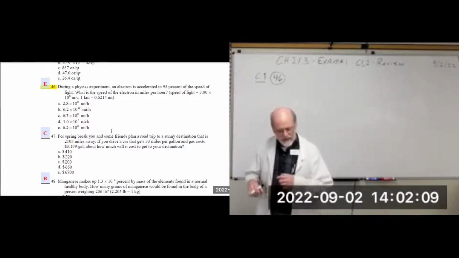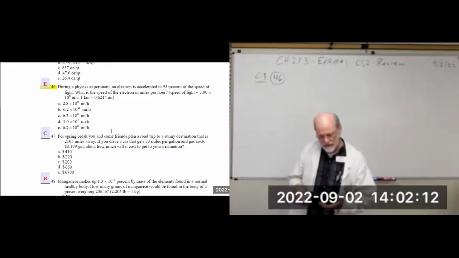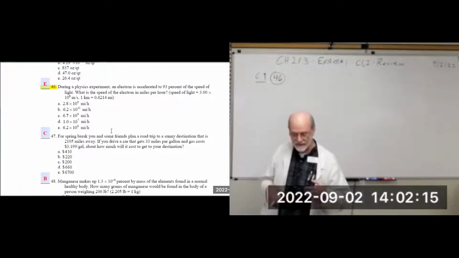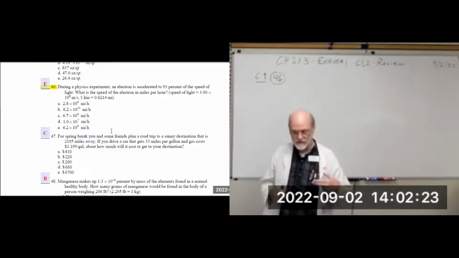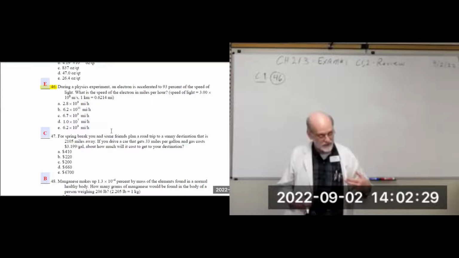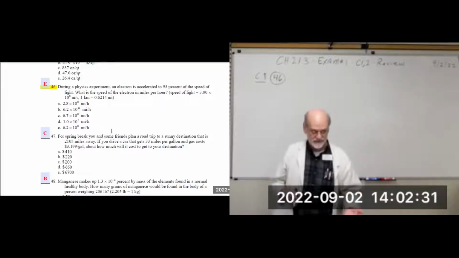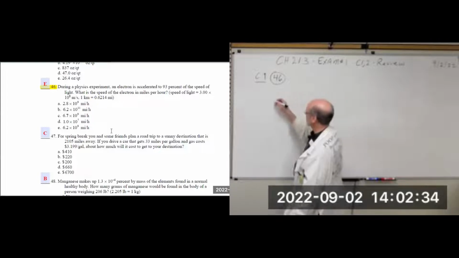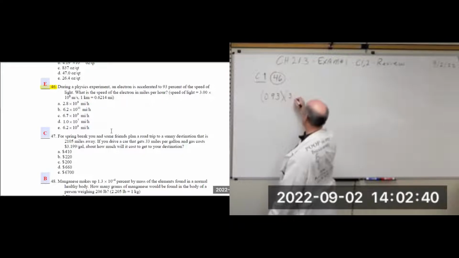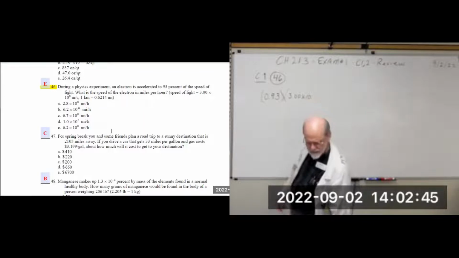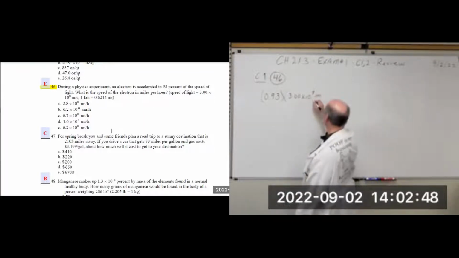All right. So if we're going to make it in miles per hour, and we're given the speed of light in meters per second, it's going to be a dual unit conversion for both meters and seconds. But we can't start with 3 times 10 to the 8th meters per second because we're only 93% of that. So what we have to do is change that 0.93 times 3 times 10 to the 8 meters per second.